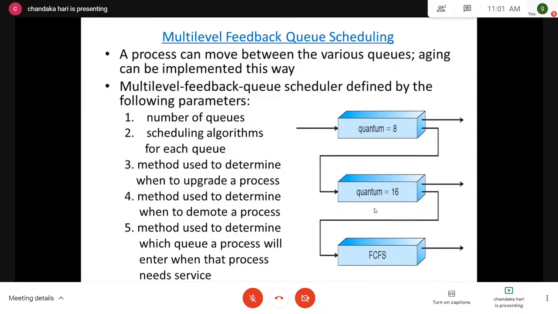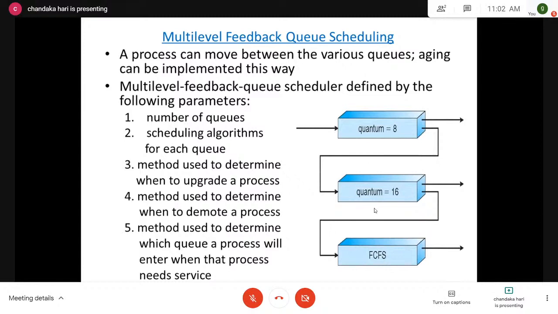This kind of concept is known as, you already know that, aging. What is aging? Continuously adding priority for the waiting process is known as aging. A process can move between the various queues, depending on the priority; aging can be implemented. Now, this is implemented so that no job suffers from starvation.